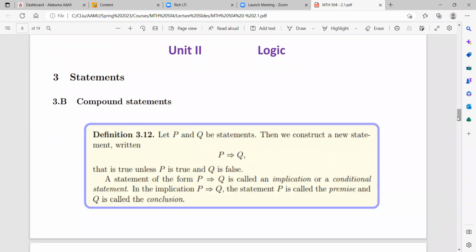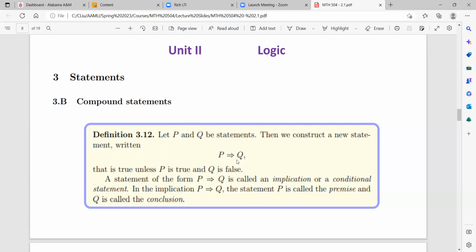All right, the next thing we call an implication or a conditional statement between two statements. This one will be a little tricky. So we have two statements, P and Q. We can use them to construct a new statement, and we write it P arrow Q. And this new compound statement is true unless P is true and Q is false.